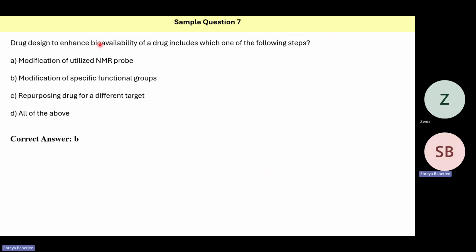So suppose we have a lead compound of the drug and we want to enhance bioavailability or other properties. Then we will modify the functional groups. We are not going to repurpose the drug for a different target. Target is fixed. We are not going to modify any probes. Probe is only used to understand the structure of the receptor site. But if we modify specific functional groups, the bioavailability, potency, toxicology, all that can be improved. So the correct answer is B.